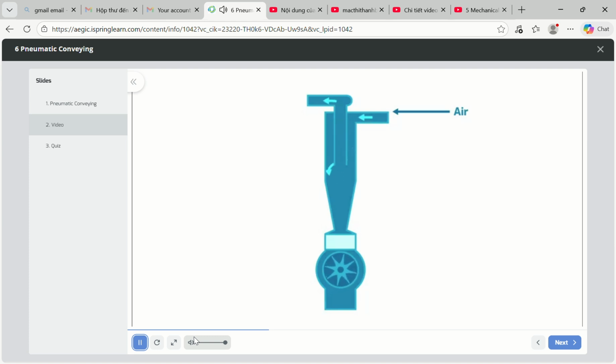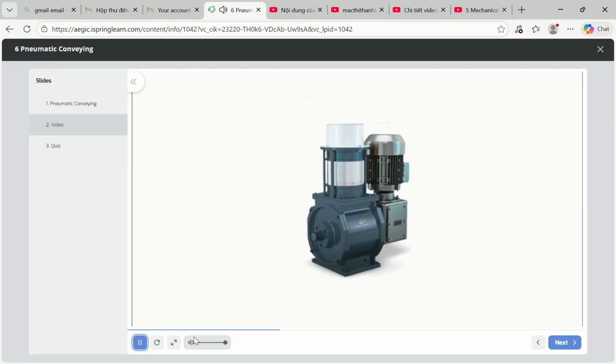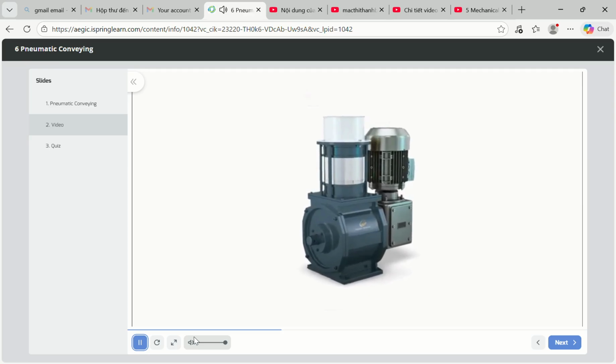The air entering a cyclone slows, allowing solids to slow down and drop under the influence of gravity. Eventually, the solids exit through a rotary seal. Rotary seals are used to transfer solids between areas at different pressure.